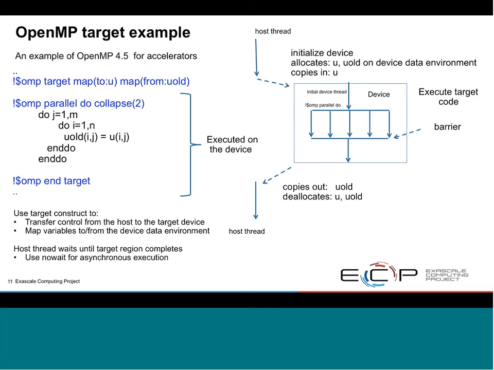And so the host thread can either wait until the target region completes, or it can continue the execution, if you specify asynchronous execution for the target region using the nowait clause.